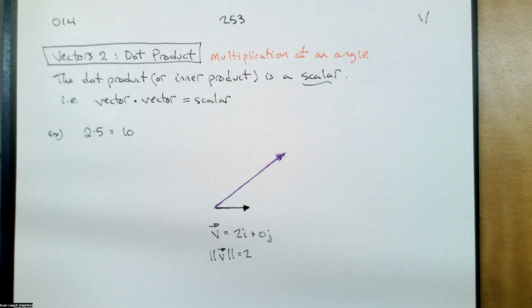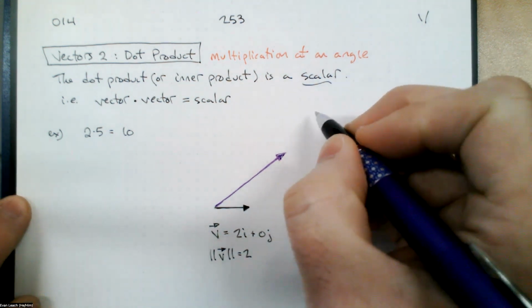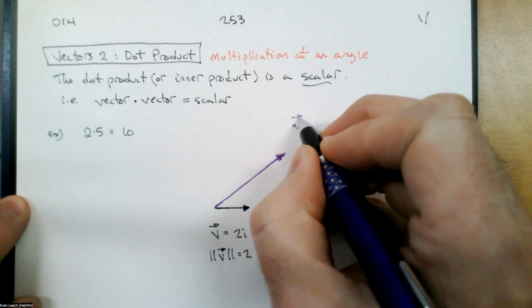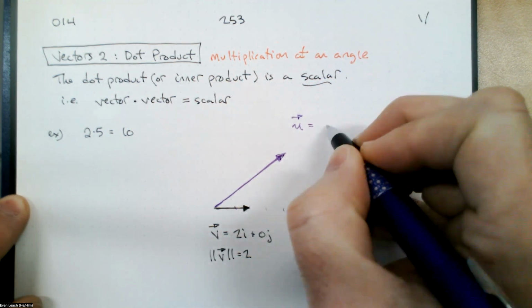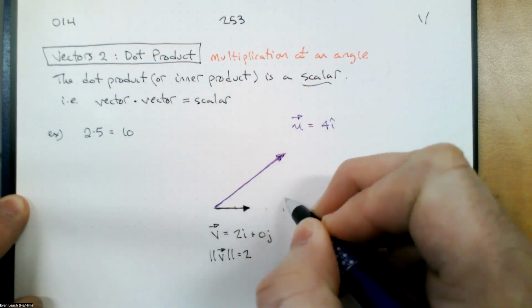The other vector, I will call u, is going 1, 2, 3, 4i plus 3j.